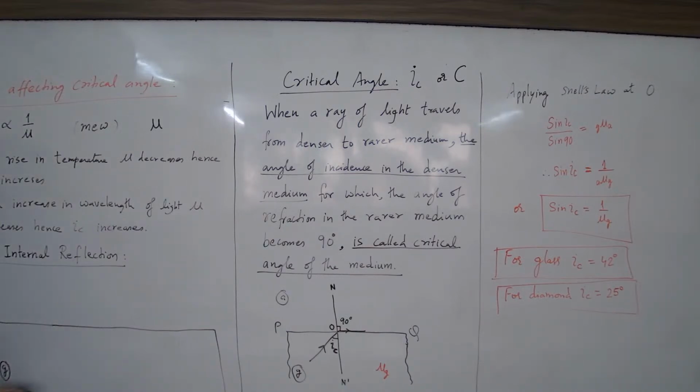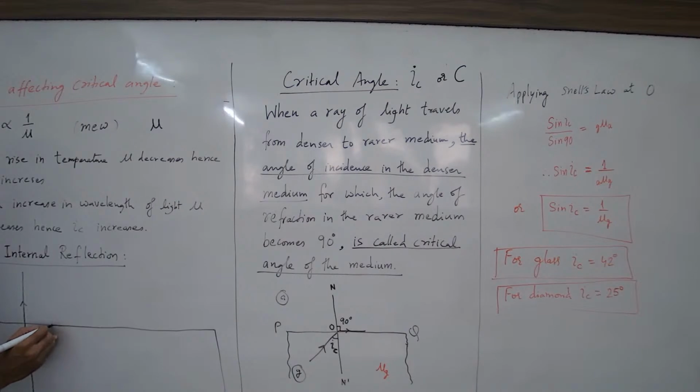Now there is a source of light here. There is a light source. Now two rays, right? One along the normal. So the light ray which is incident along the normal comes out without deviation, okay? Straight.